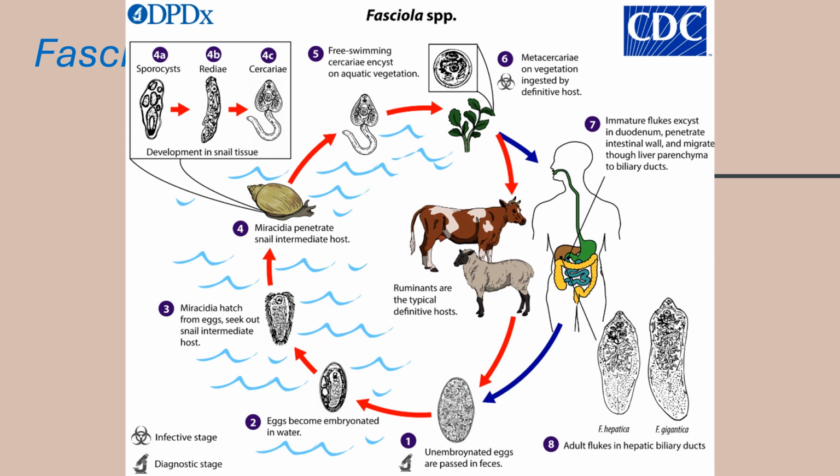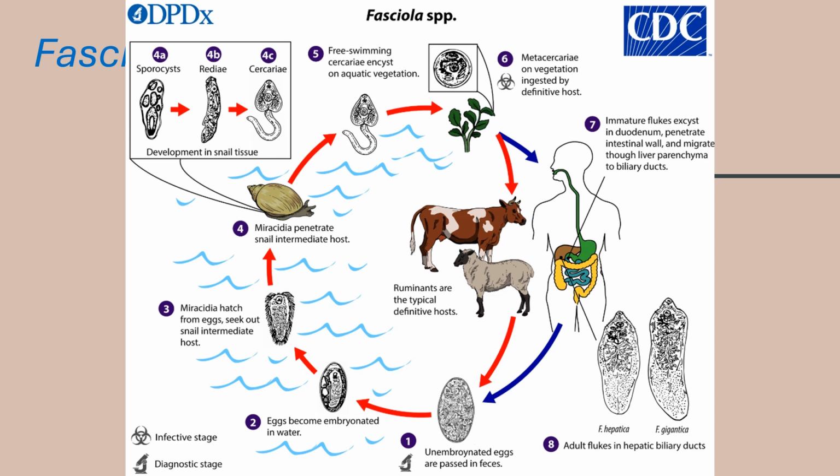This one is an illustration of your Fasciola life cycle. Here, humans are accidental hosts. The definitive hosts of Fasciola hepatica are ruminants, such as sheep and cattle. Unembryonated eggs are passed into the feces, and then they embryonate in water, and the miracidia are released.